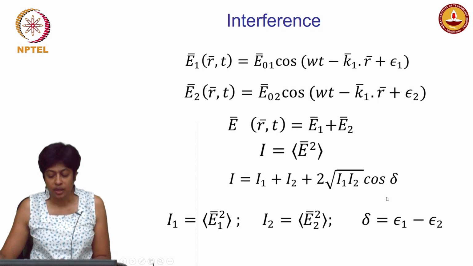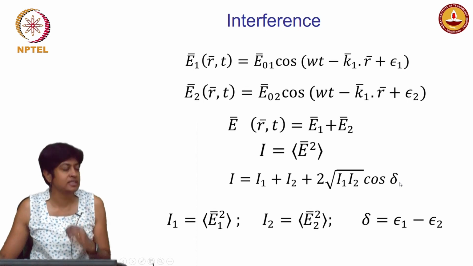Okay? So, this delta is nothing but the path length difference, or the phase relating to the path length difference of the two beams that are interfering.